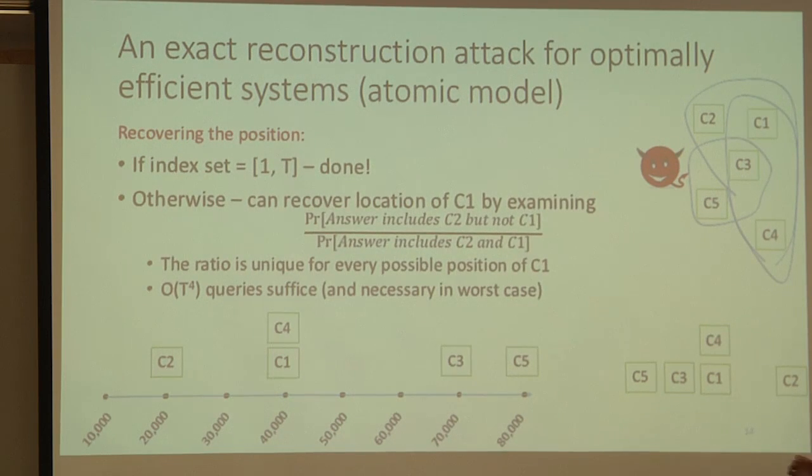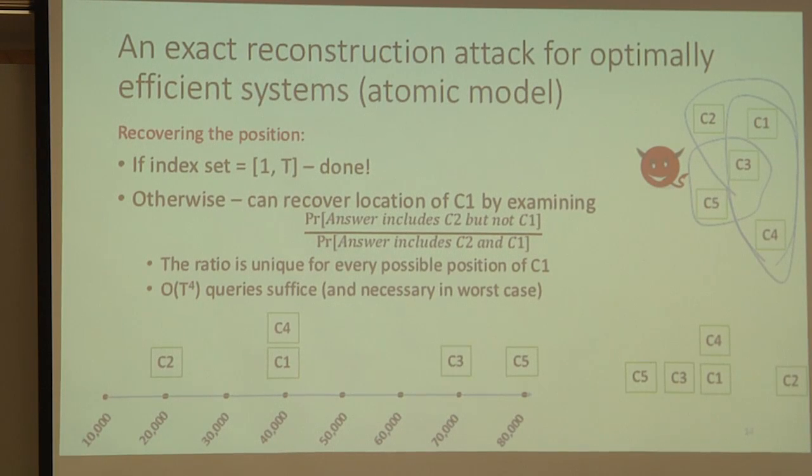Now, if our domain was dense, if we have at least 1 point per position in the domain, we are done. We have reconstructed the distribution of the records over the domain. But if we have some empty spaces, like in this example, then we have to do more work in order to find the exact position of each record. In order to find that, we're going to need more queries.